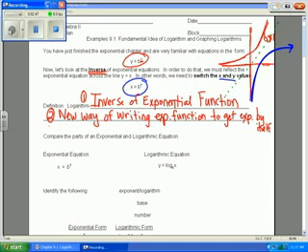And finally, the reason that logs help us is to solve for unknown exponents.